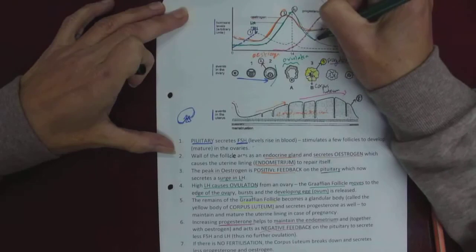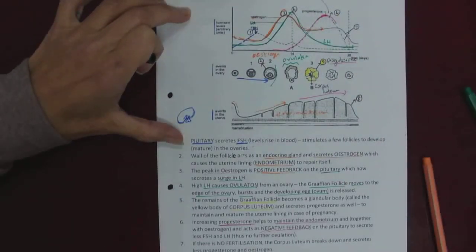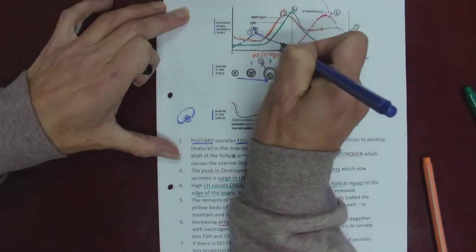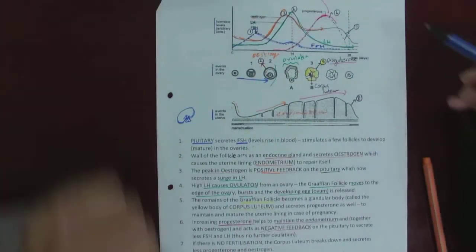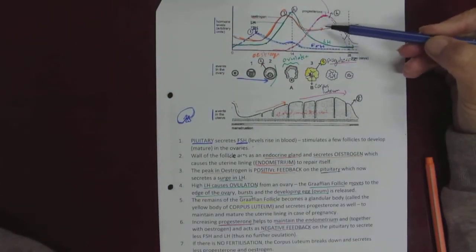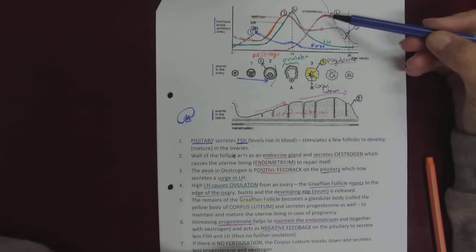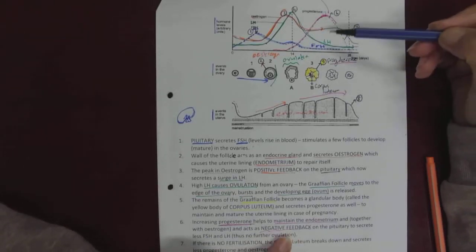So I'm just going to color that in. That's LH, and FSH we were doing in blue, and now you can see that the level of FSH is lower. That should make sense because these hormones, progesterone and estrogen, especially progesterone, are maintaining the endometrium in case there's a possible pregnancy.